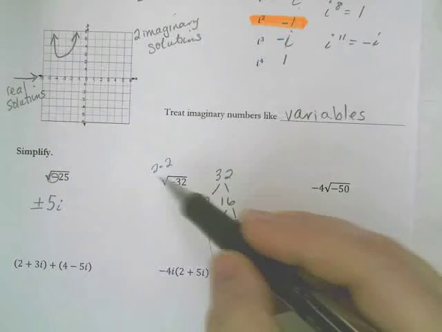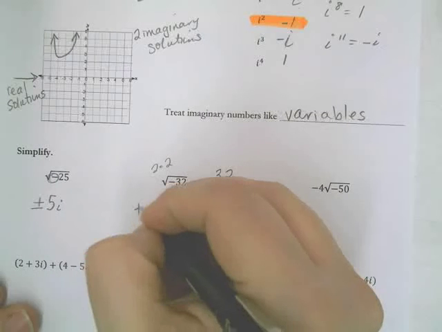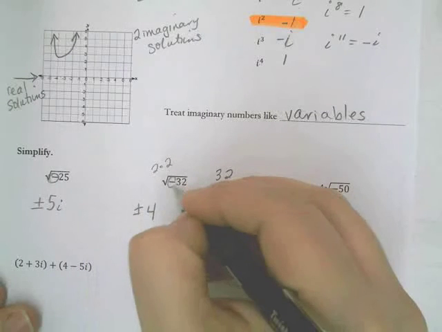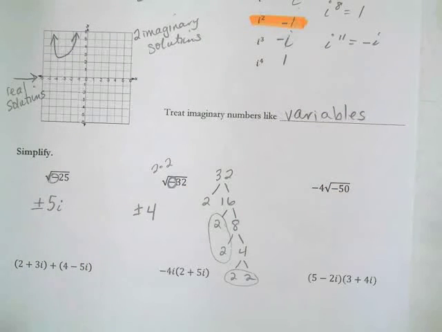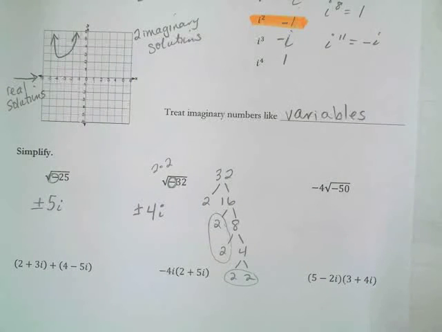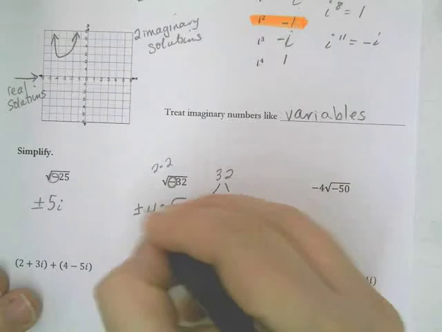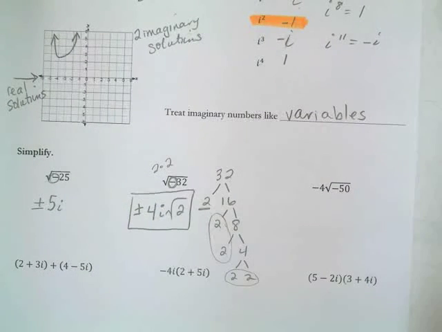Well, 2 times 2 is 4. And so I have plus or minus 4, but remember I have that negative there, so it becomes plus or minus 4i, and then I look to see if there's anything left. Is there anything that didn't have a partner? This one didn't have a partner. So my answer is plus or minus 4i square root of 2.